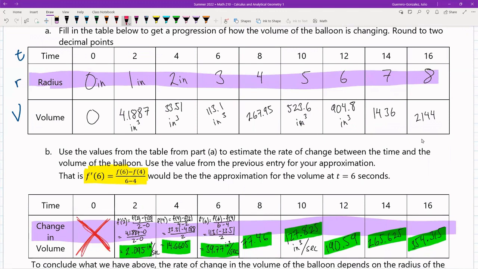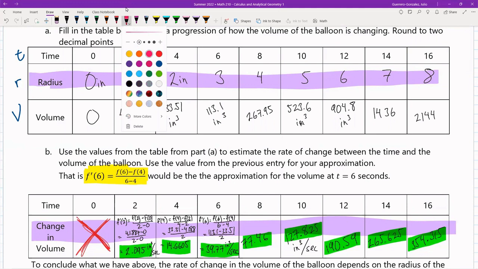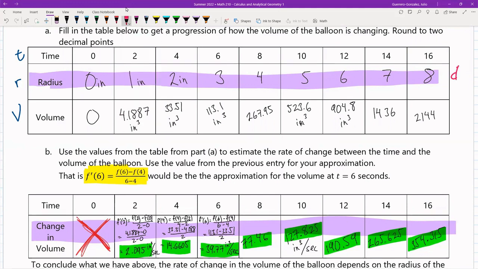Notice that from the statement of the problem, the radius is changing. So therefore, what we have here is a dr/dt.